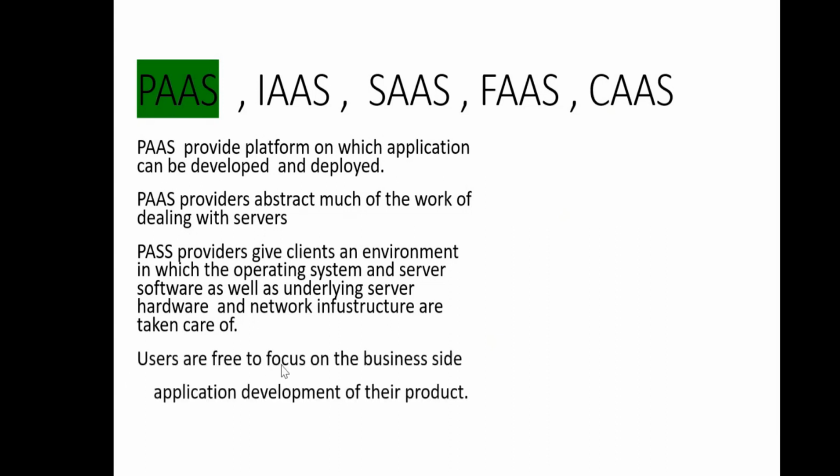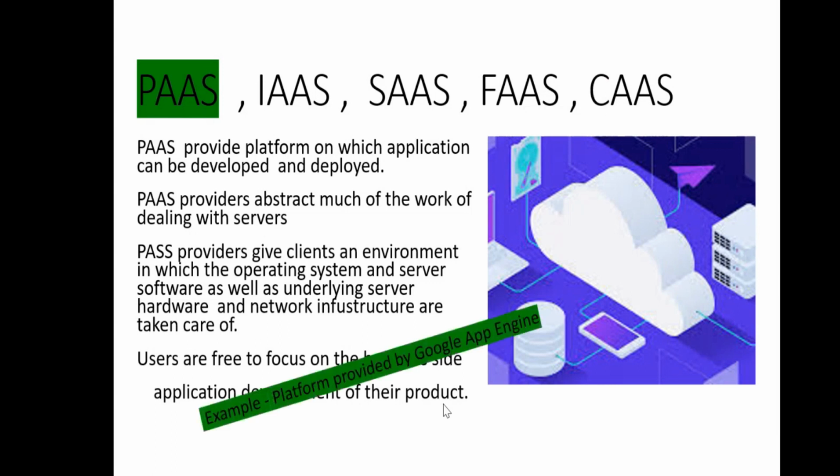Users are free to focus on the business side, application development of their product. An example of a PaaS solution is Google App Engine. We have Cloud Run also as an example of a PaaS solution.